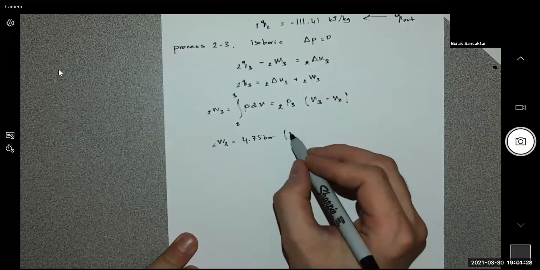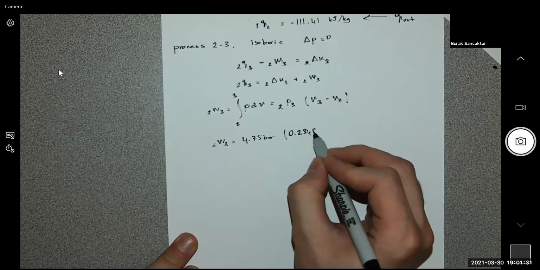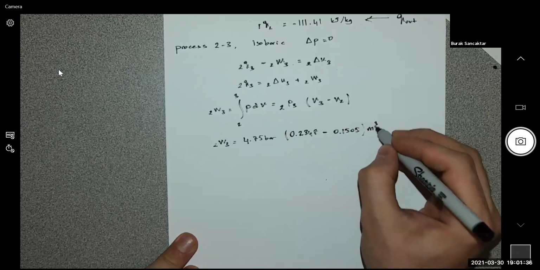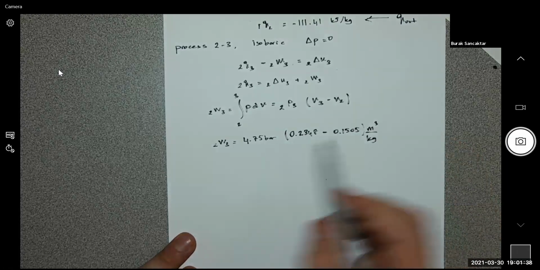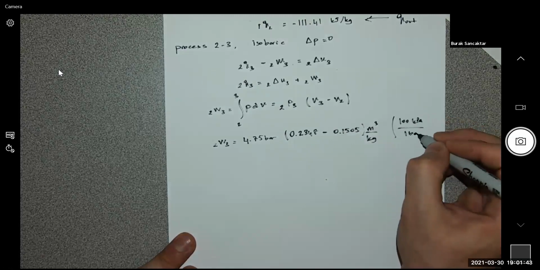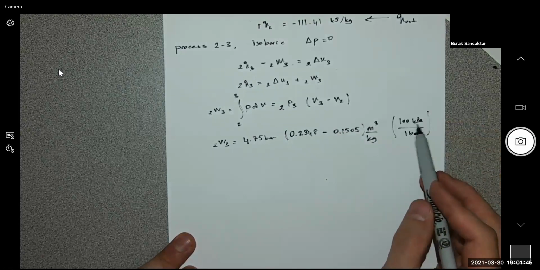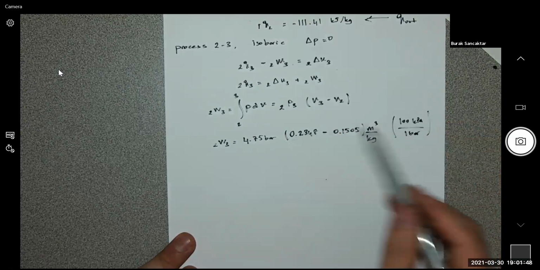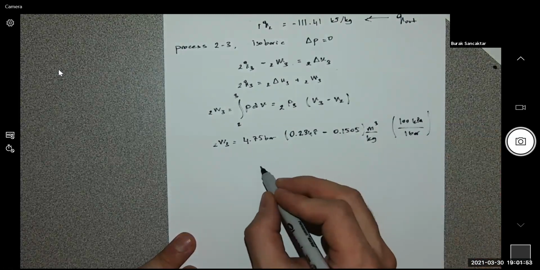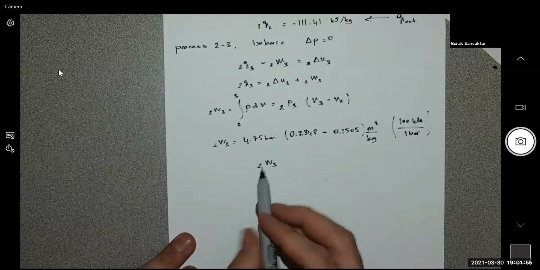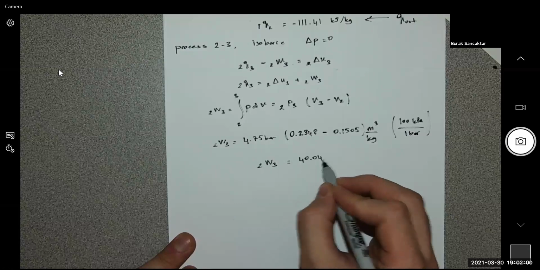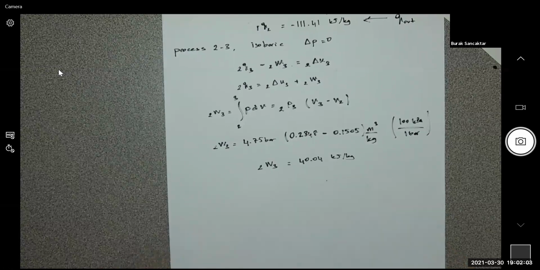Specific volume at state 3 is 0.2348 meter cube per kilogram minus 0.1505 meter cube per kilogram. This is bar, so I need a unit conversion, 100 kilopascal over 1 bar. Bar goes away, and we get kilojoules per kilogram. All right. So from state 2 to state 3, work is 40.04 kilojoules per kilogram.